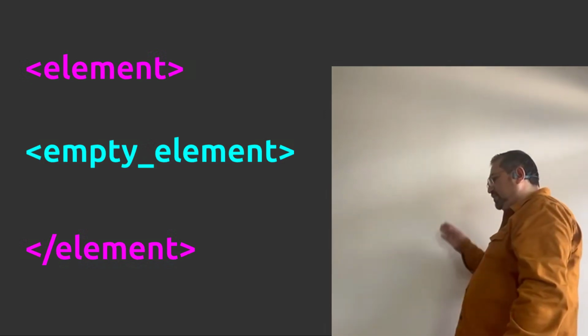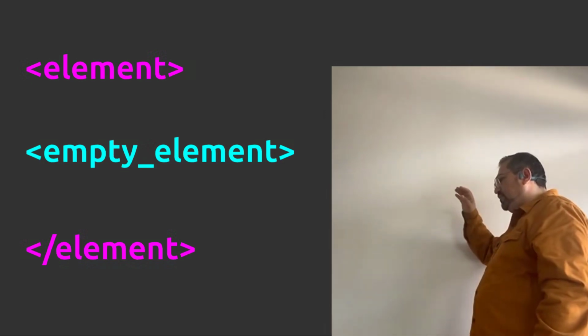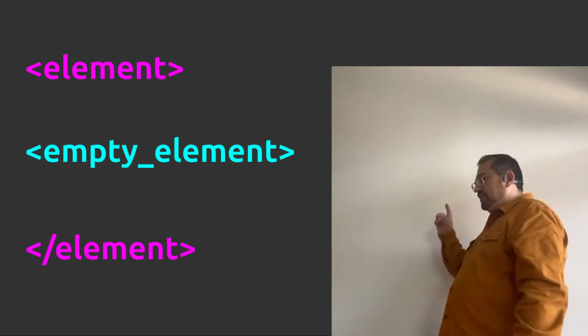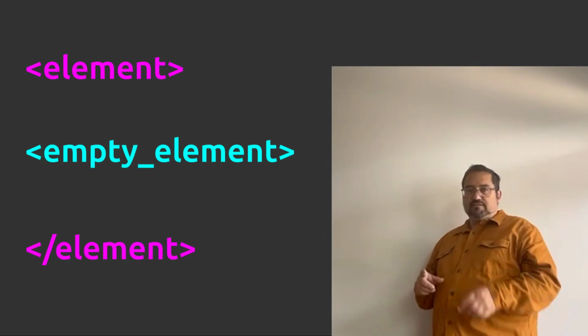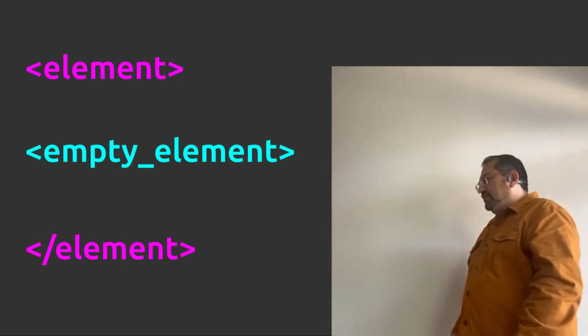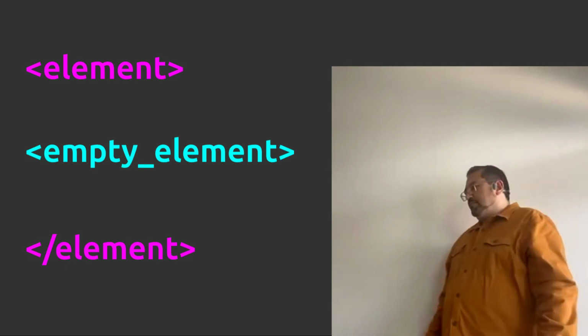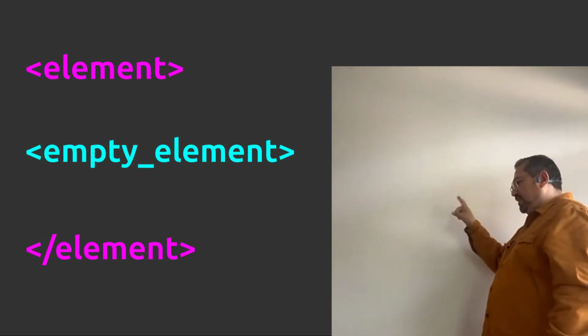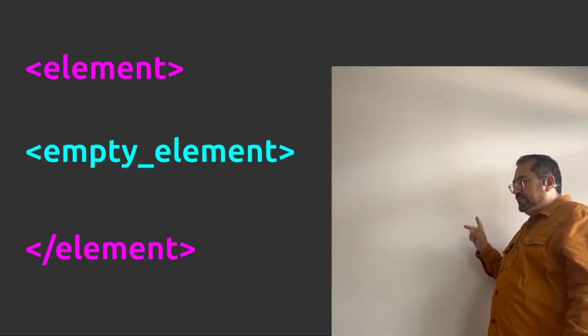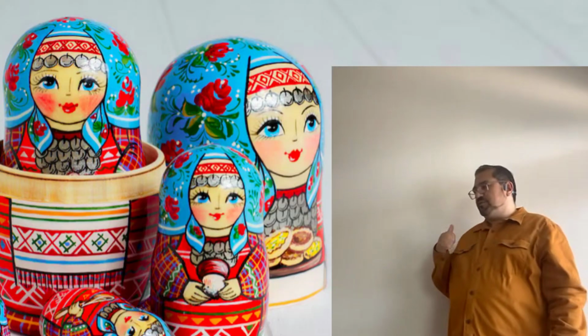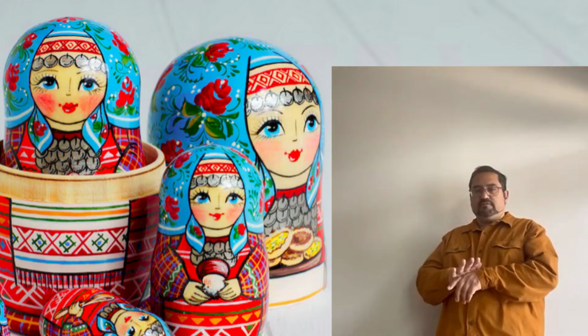The practice of inserting an element inside another is called nesting. This is because if an element A needs to contain an element B, the tag of element B must be closed inside the tag of element A. We can understand this concept better if we compare it with a Matryoshka doll.